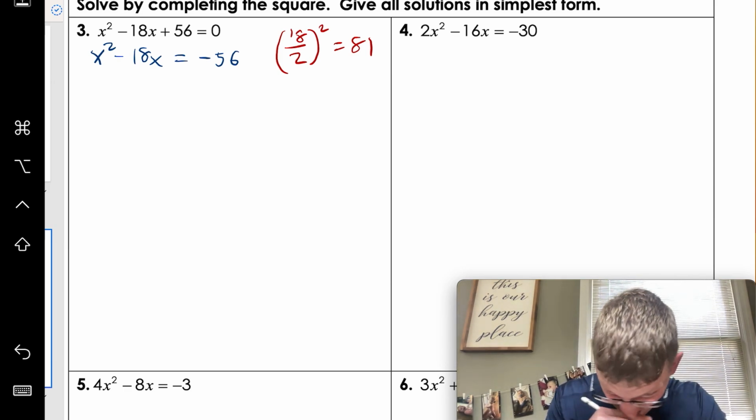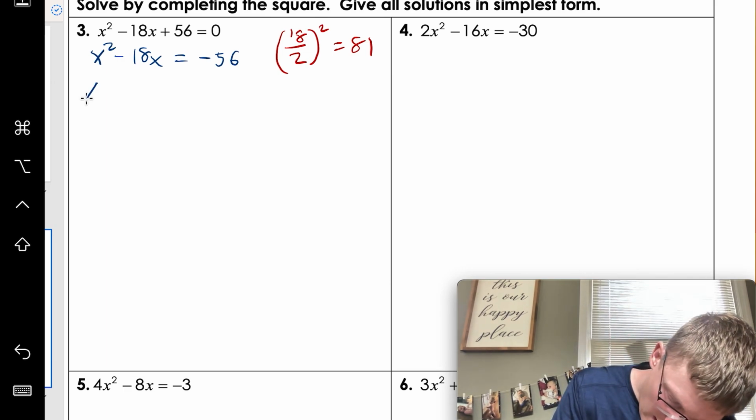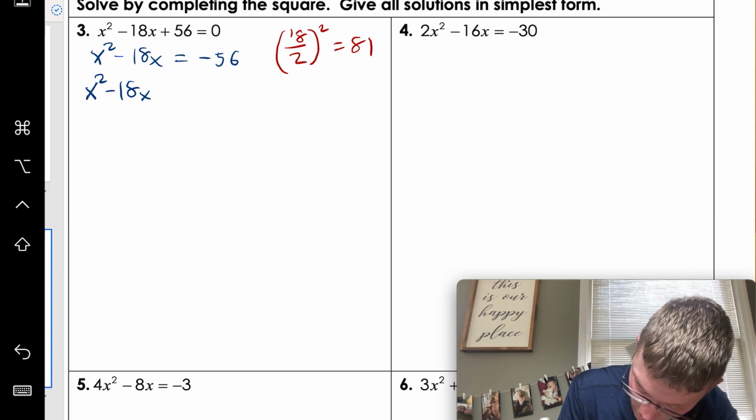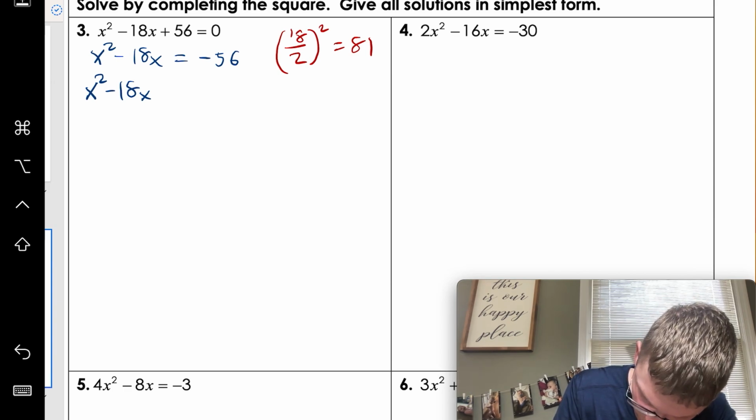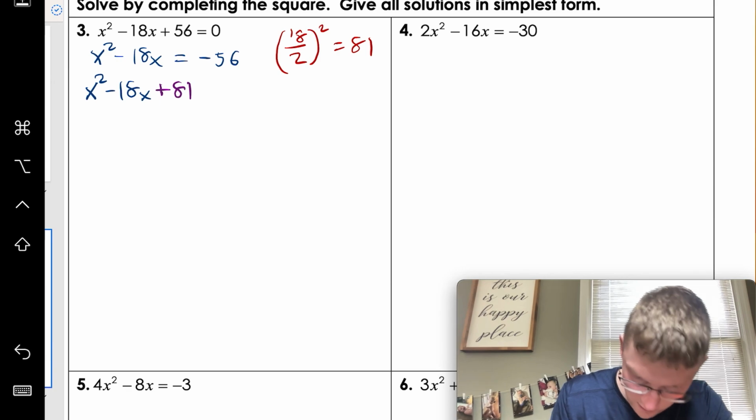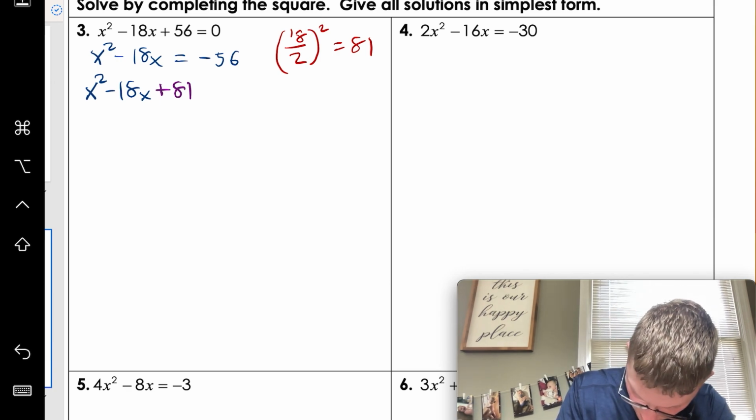Okay, so we're going to have x squared minus 18x plus 81. So I hesitated there because this was a negative sign, but it is plus because when it squares, it turns positive anyway, so whatever.